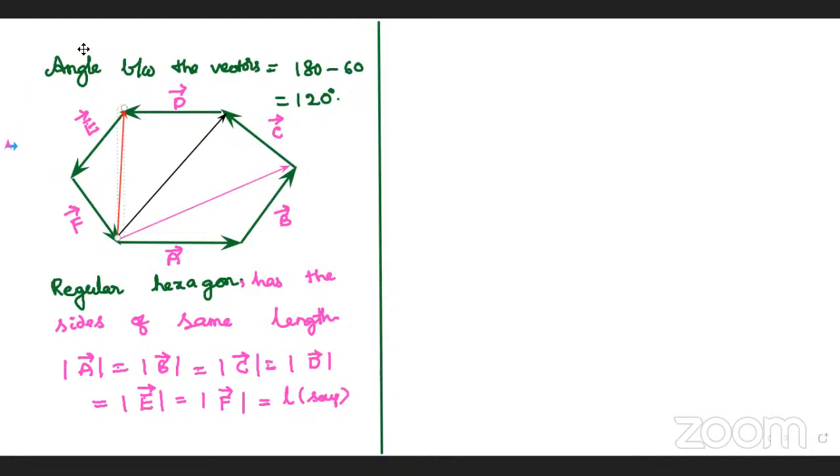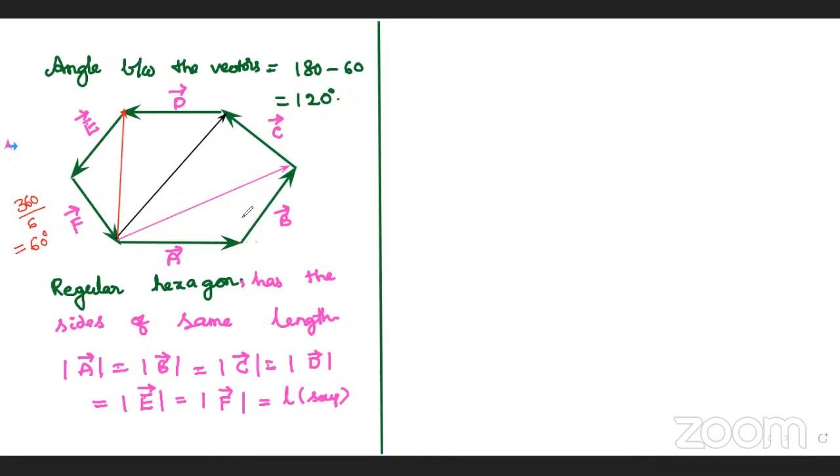How, sir? Simple. These are the two vectors taken in order. How many sides are there? 1, 2, 3, 4, 5, 6. Six sides means the total angle is 360 in a closed shape. Divide by the number of sides, 6, and you get 60 degrees. 60 is not the interior angle.